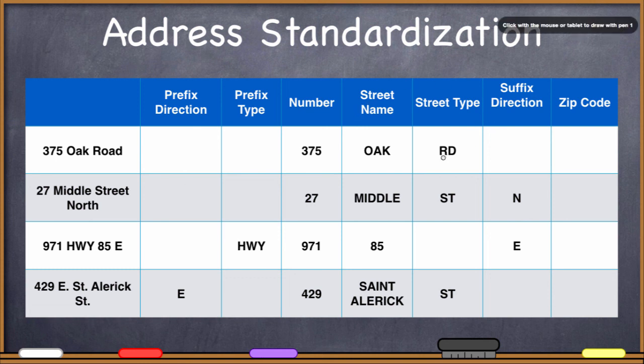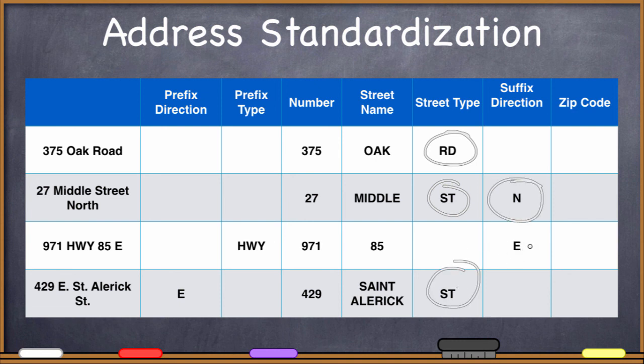So in addition to that, we've tried to standardize abbreviations. If a computer finds north like it does over here, we're going to just have N here. East, we're going to end up with E over here. Street, ST, road over here becomes RD. So we're trying to standardize that.